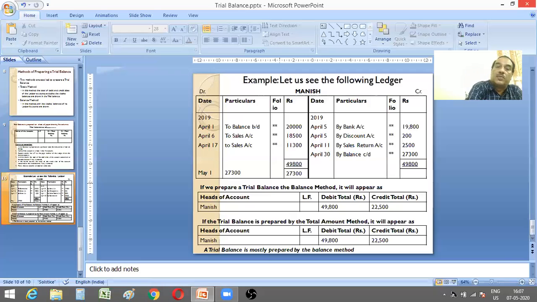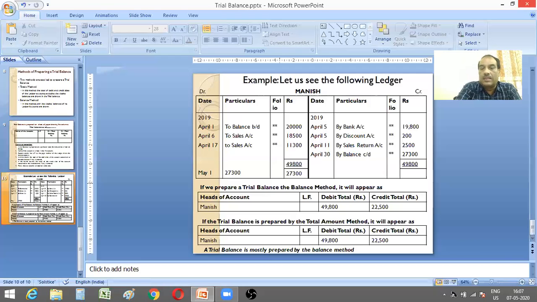You have to check by going through all the records in the ledger of Manish, this date and prior to the date, previous transactions of Manish. But here the trial balance shows that there is a difference, meaning there is some error in the ledger.